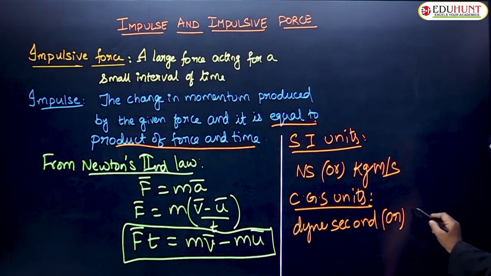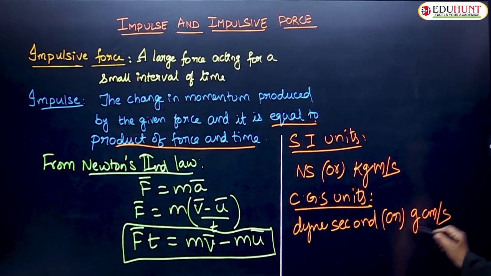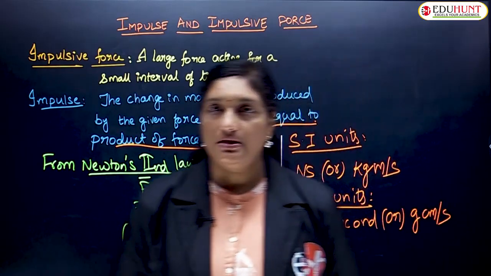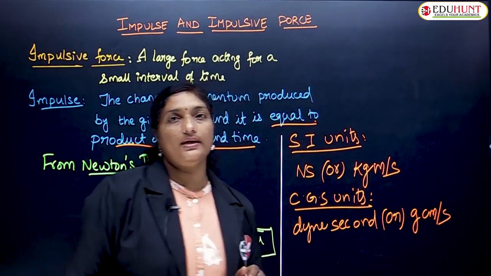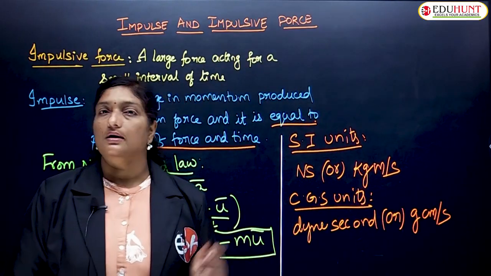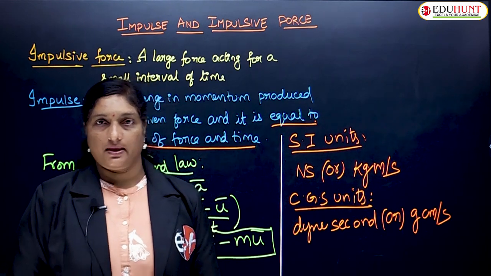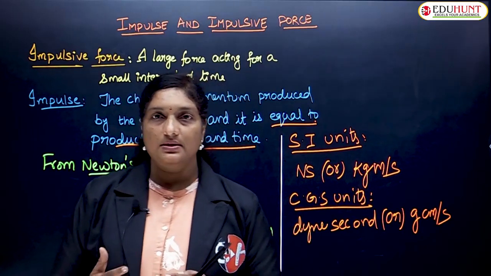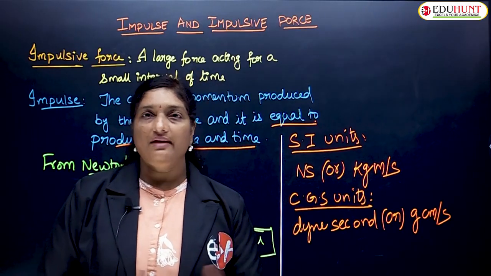For mass we measure in the CGS system as grams and velocity as centimeter per second. Hence the SI unit is either Newton second or kg meter per second, whereas the CGS unit is dyne second or gram centimeter per second. Okay children, now let us try to understand the concept in detail with real life examples.